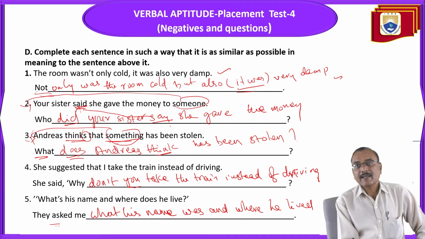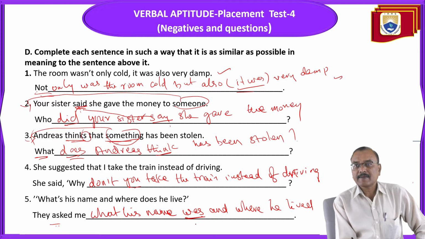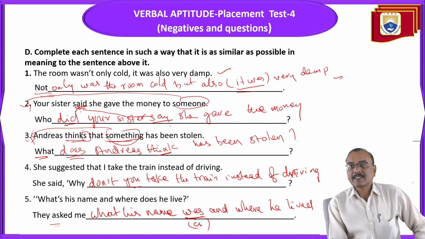If the name is still the same name, you can say is also. If he lives at the same place, permanently, you can write like this also.